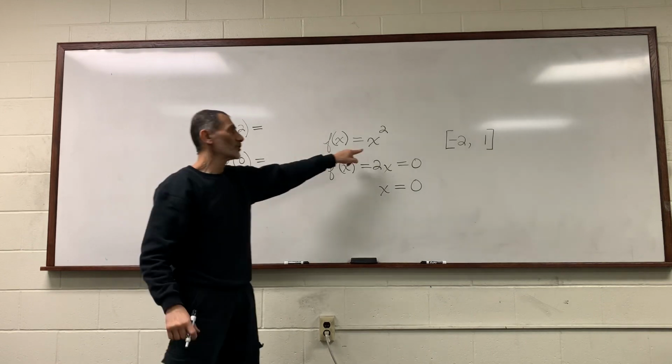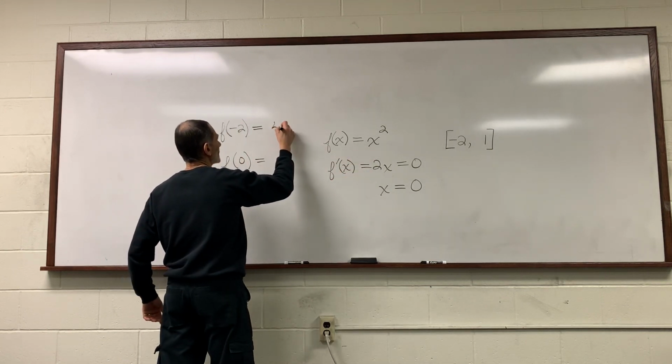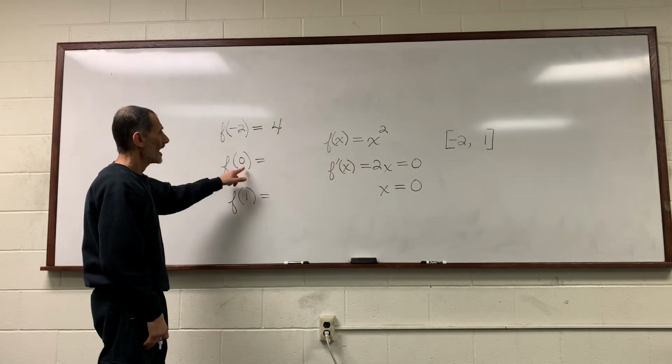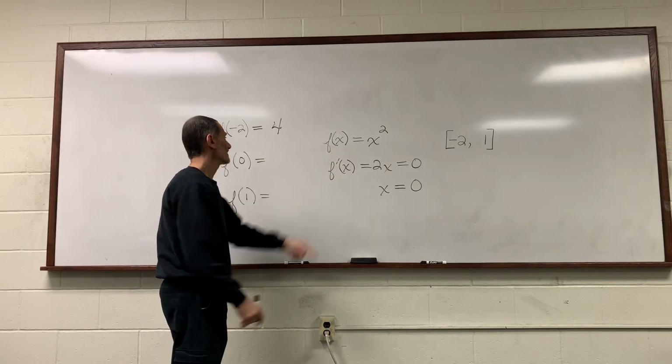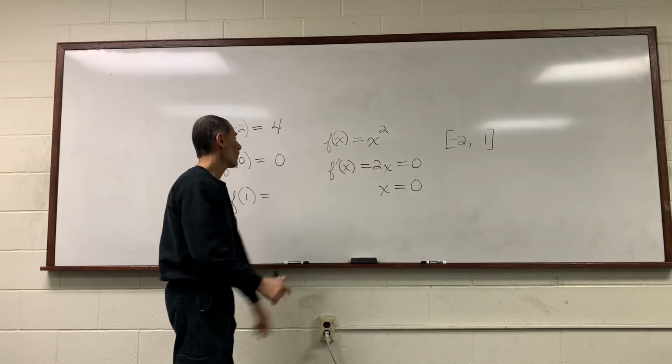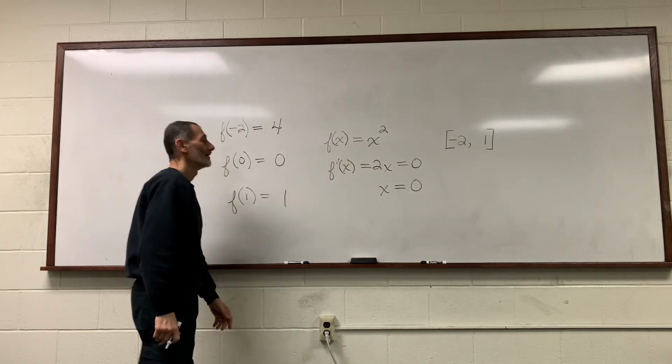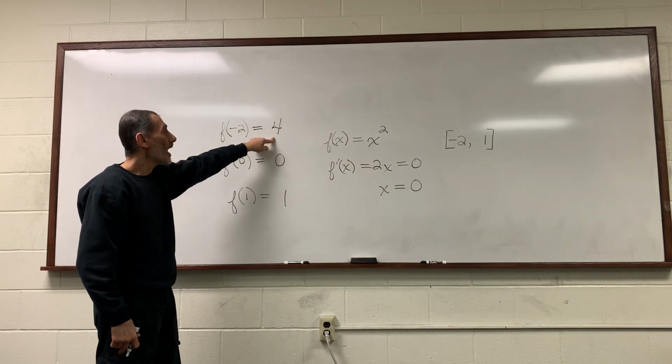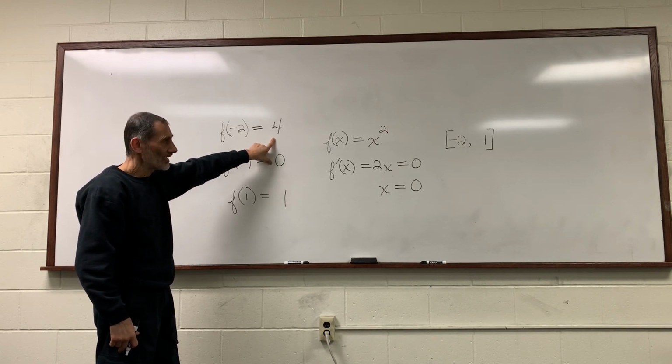F of -2 is 4. F of 0 is 0. F of 1 is 1. The greatest y value is the maximum. The smallest y value is the minimum.